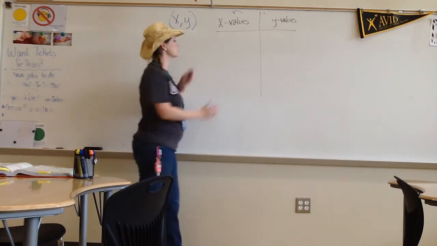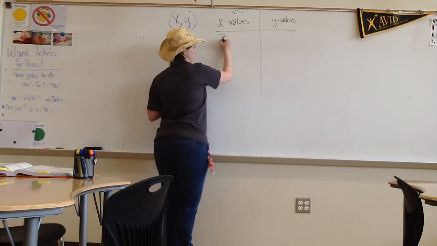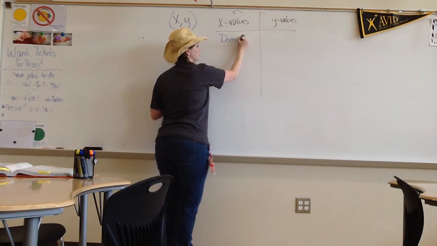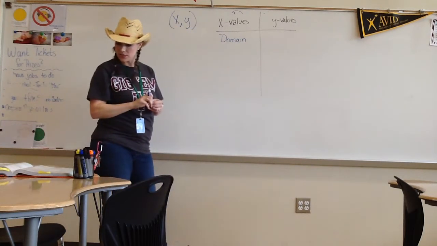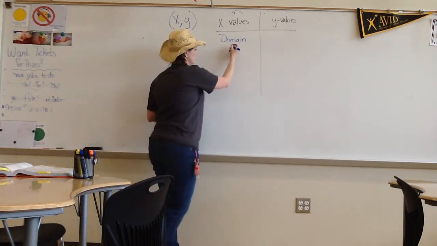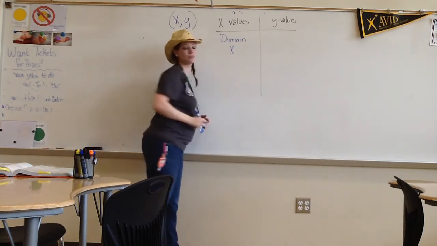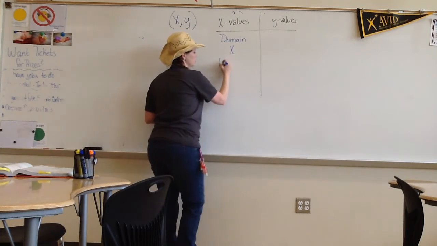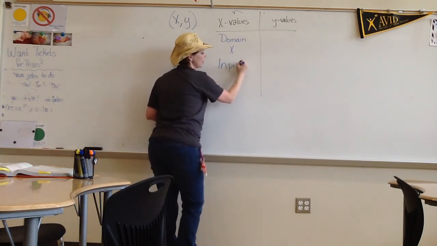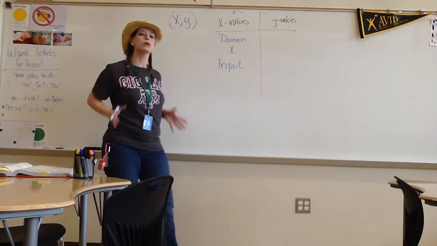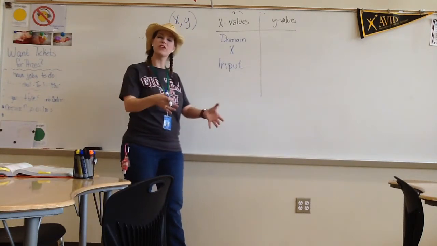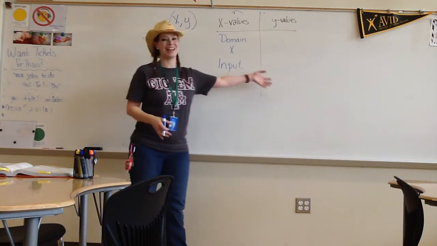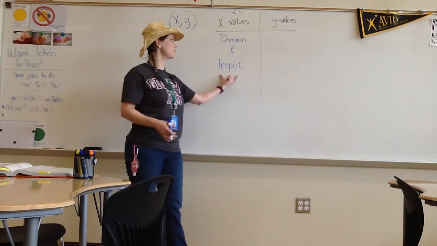So our x values can also be known as the domain if it's a function. Our x values are also known as just x. And then it's also known as the input. It's the value that we know that we put into the equation or into the function to find an answer. It's the input value.